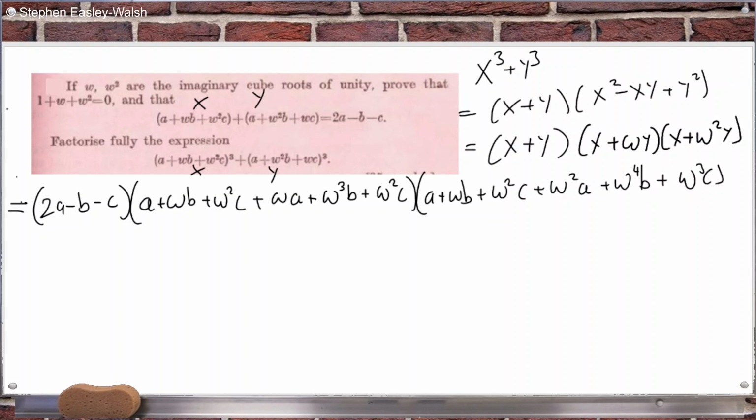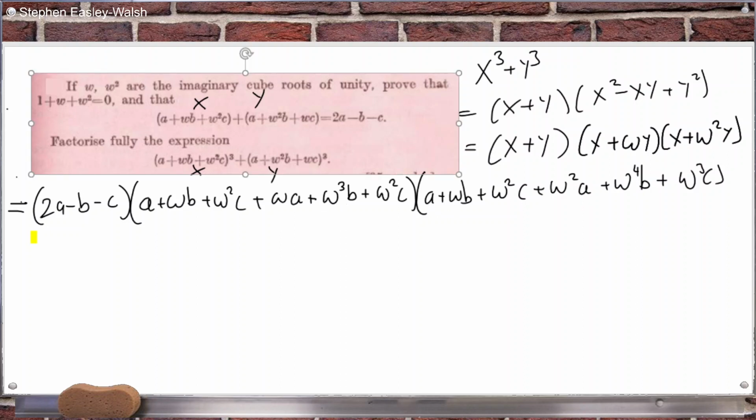Now I just want to make sure I got these right before proceeding. Omega cubed, omega squared, omega 4, omega cubed. Yeah. Now let's start simplifying.